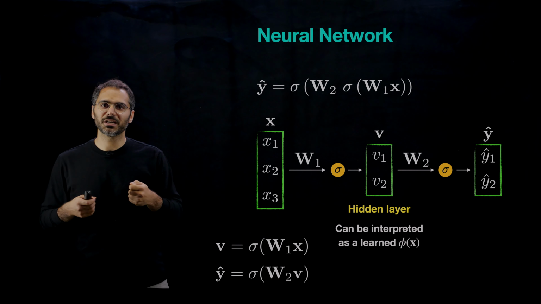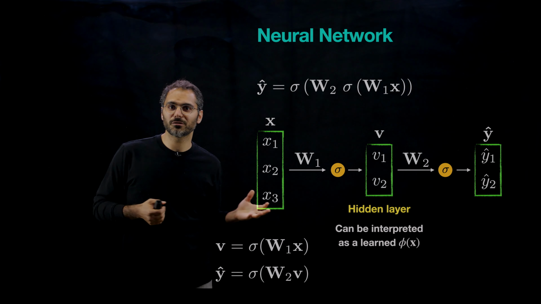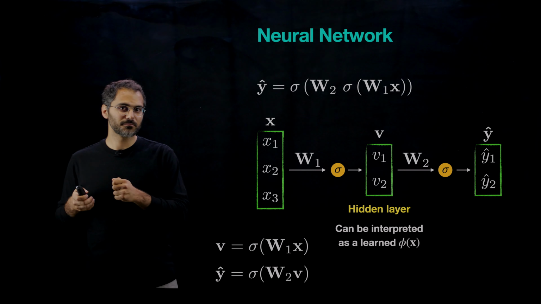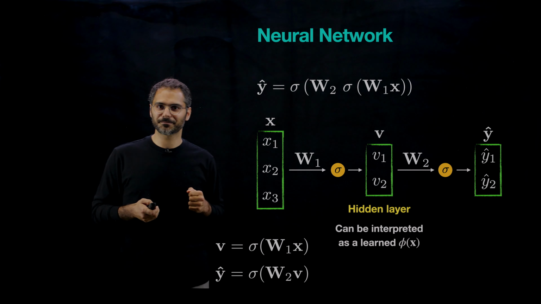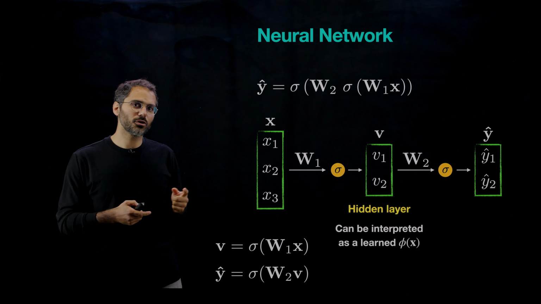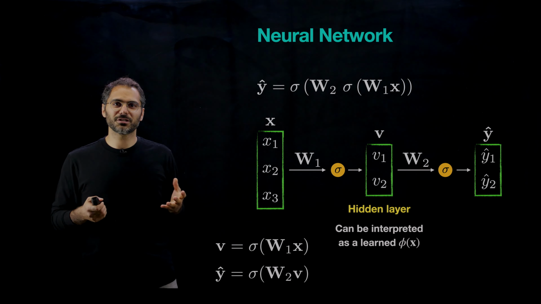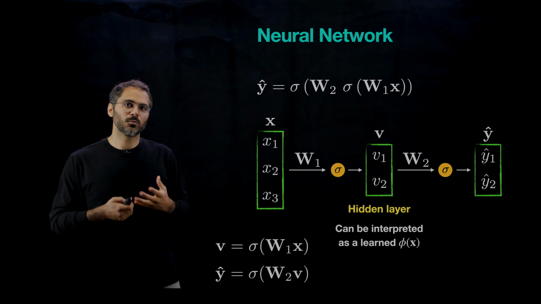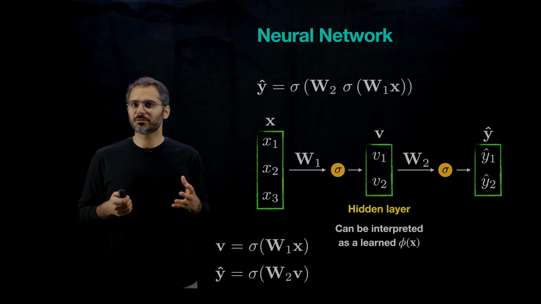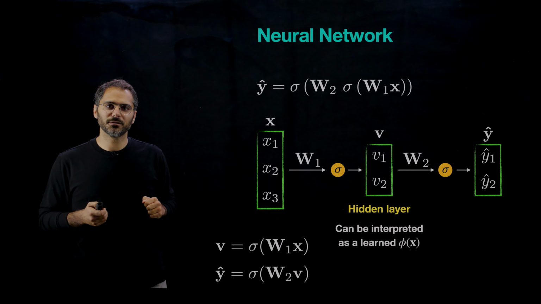Instead of you designing the features yourself, the algorithm on its own will figure out how to map x to phi of x in the most optimal way to get the best prediction y hat. This is not always the case. Networks will not always do that kind of feature selection, and sometimes these hidden layers will give you outputs that you cannot interpret. This is a tricky problem that we will address later.